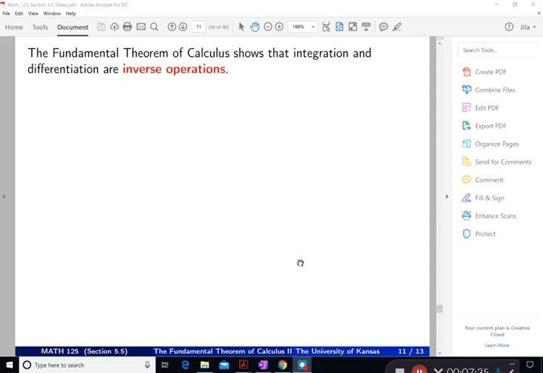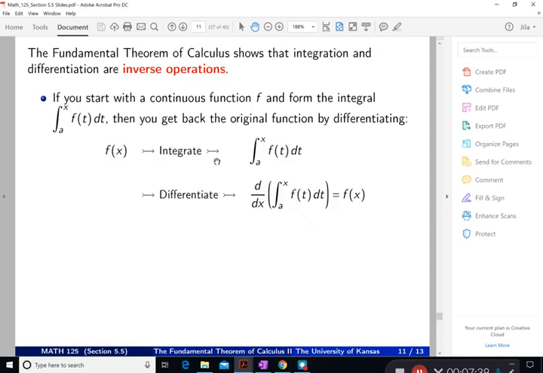So this is how it works. You start with f of x, you integrate to get the cumulative area function, and you get another function, which is the integral from a to x of f of t dt. This is basically making sure, because we're discussing an inverse relation, that we go from function to function.